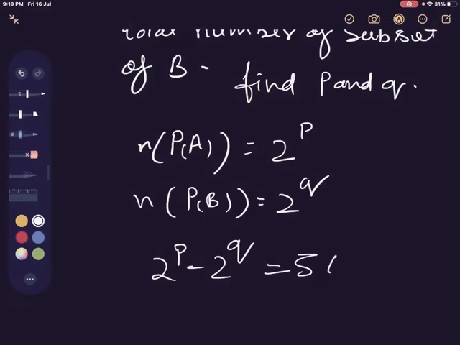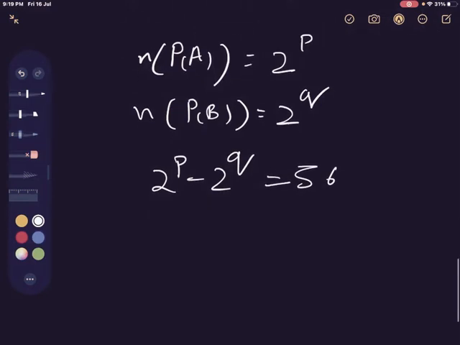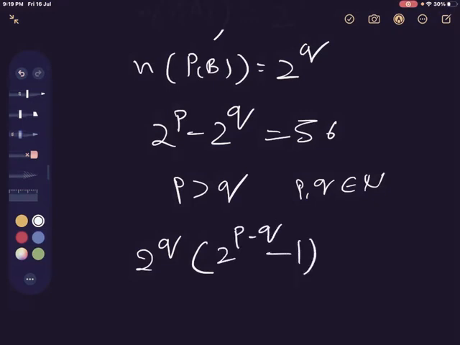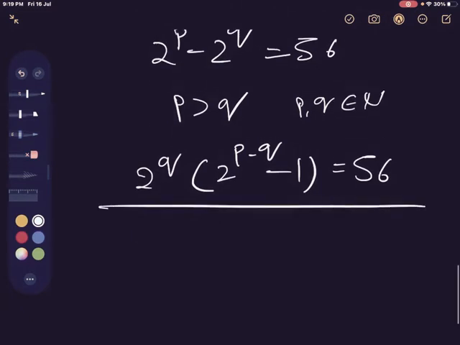One thing is obvious, that P is greater than Q. And they are positive numbers since they are numbers of elements in sets, so P, Q belong to natural numbers. If I take 2 to the power Q common, then I have 2 to the power Q into (2 to the power P minus Q, minus 1) equal to 56. Now this is something tricky, so we have to see how to solve this.